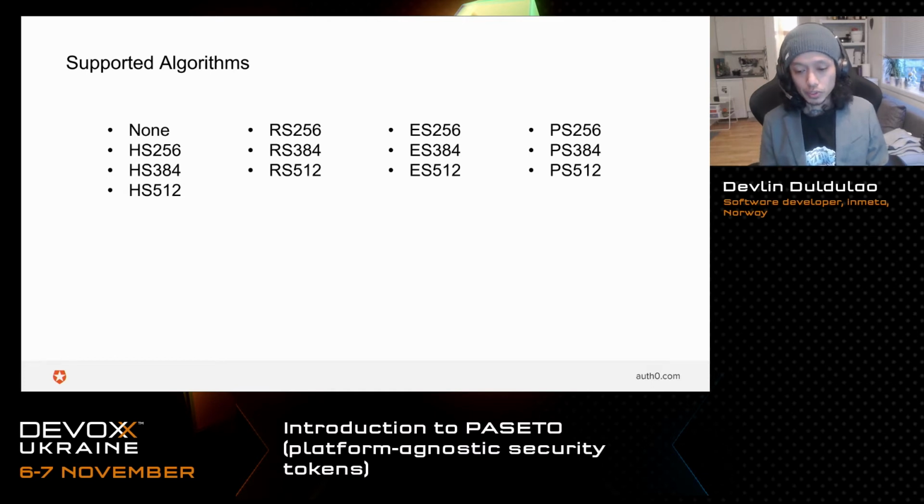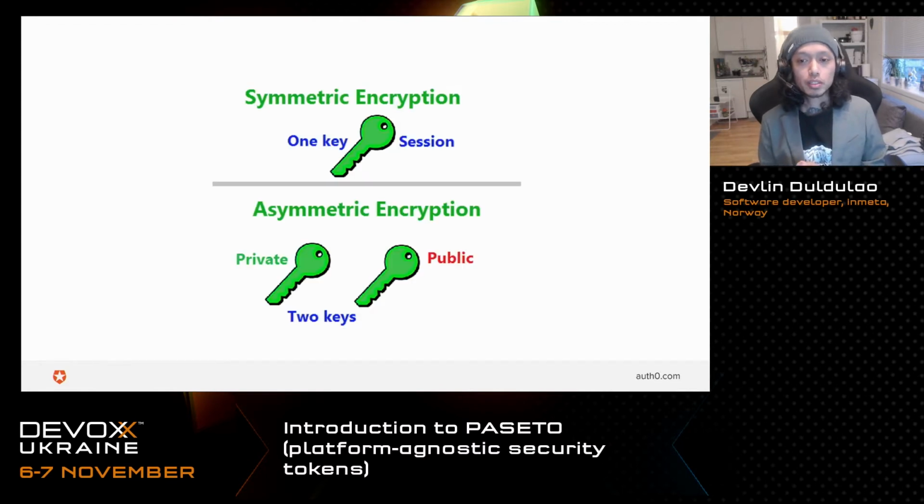So these are just supported algorithms of JOSE. And a quick look back on symmetric and asymmetric encryption as well. In symmetric, there is one key, and in asymmetric encryption, we have the private and public, which is two keys, right?